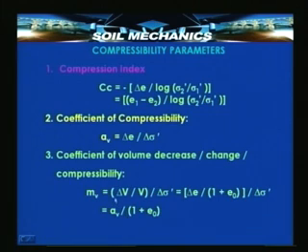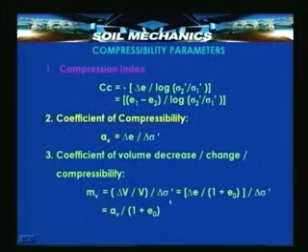This parameter is defined as the change in volume per unit volume as a ratio with respect to the change in stress. So, earlier it was merely the change in void ratio, which in effect is nothing but the change in volume, whereas now it is change in volume per unit volume with respect to the change in stress.